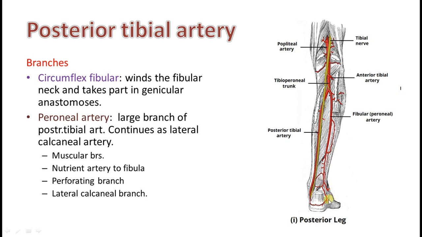So one of the largest branches is the peroneal artery. Its branches are the muscular branches to the surrounding muscles, the nutrient artery to the fibula, the perforating artery and lateral calcaneal branches which take part in the lateral malleolar network, whereas the first branch, circumflex fibular, takes part in the genicular anastomosis.